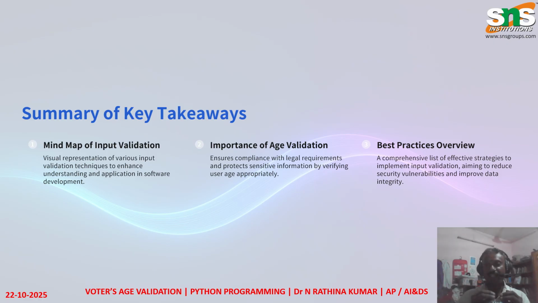If the input is less than 1, for example -1, we must generate an error that it is an invalid input. If the values are between 1 and 18, we show that you are not eligible to vote. If the input is above 18, they are eligible to vote. If you include these three conditions in our program, we can easily create a program for this concept.